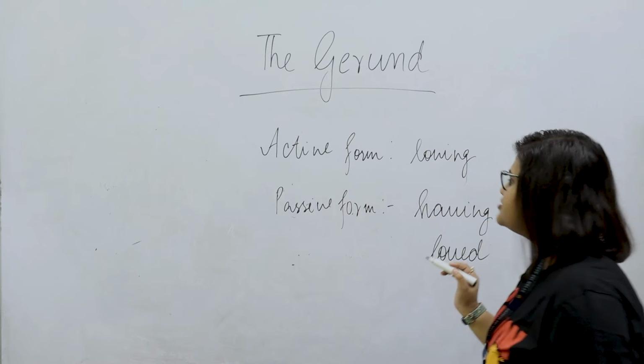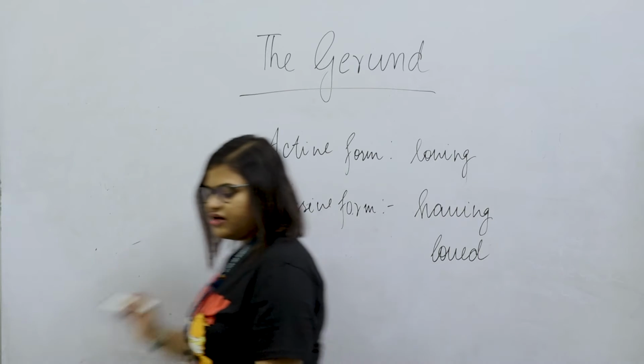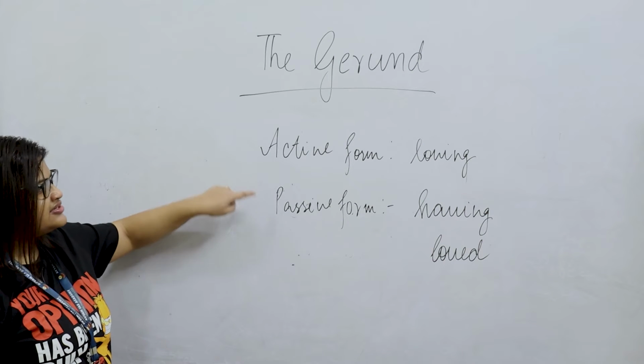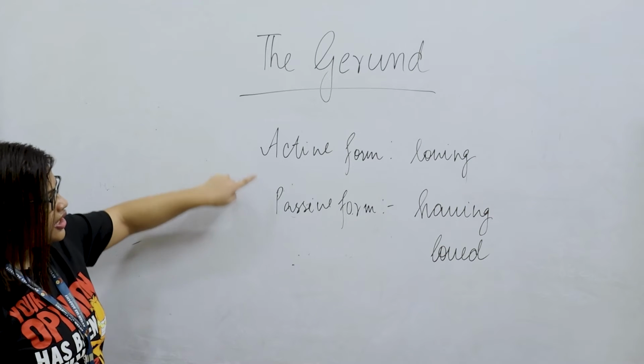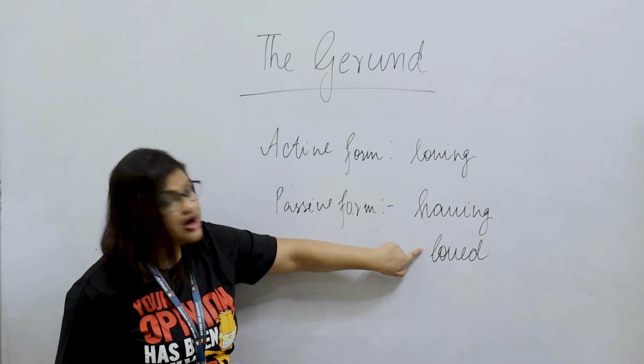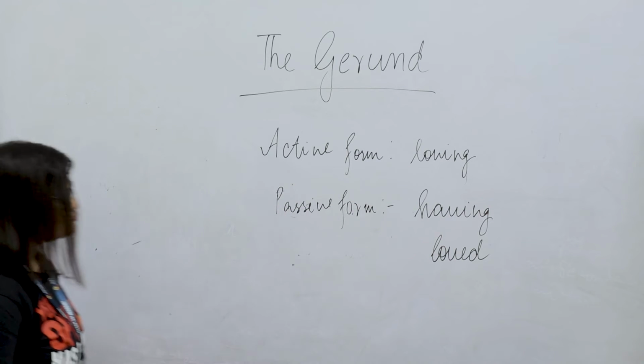As we already have covered active and passive, we know that is how the difference happens between using the ing form of a verb and using the past participle of a verb.